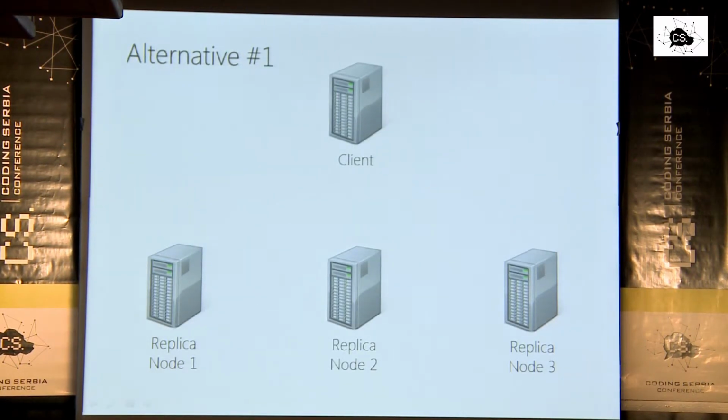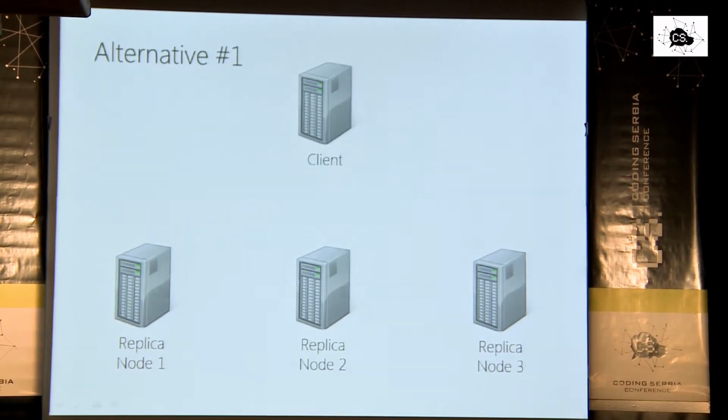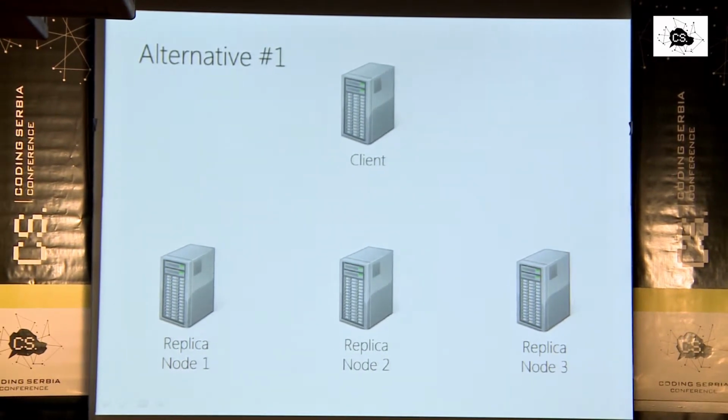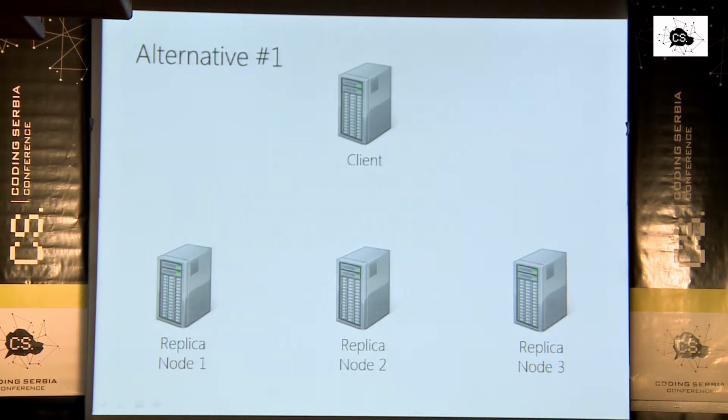You have two alternatives right here. You usually have a replica set. You don't use expensive SANs to store your data with automatic backup and all that stuff. You just store it on 3 nodes, on cheap machines, on standard, off-the-shelf hardware, and that's it basically.